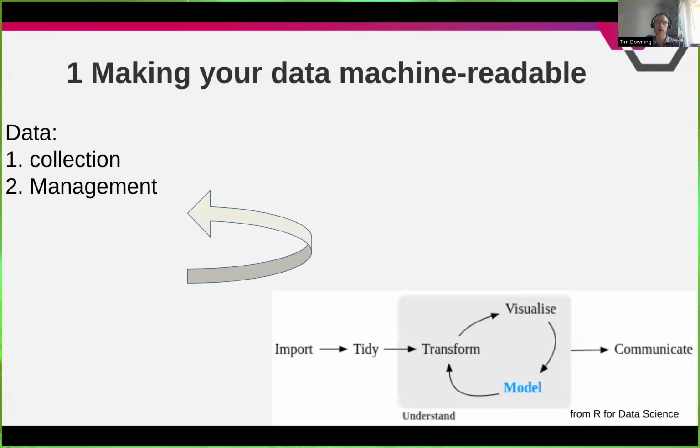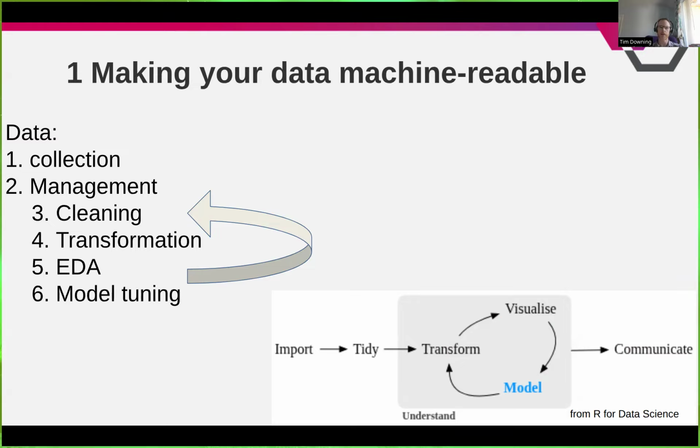Part of what we're thinking about, and this applies to many analyses, is that when we do our sample collection, manage our data, clean our data and transform it in some way, we often have to go through exploratory data analysis, model tuning and optimization, as well as selection, and repeat those steps. That's the advantage of doing things with code: we can go back to cleaning and transformation to better understand what samples we should analyze, how we should analyze them, what models we should apply and what's most relevant for us.